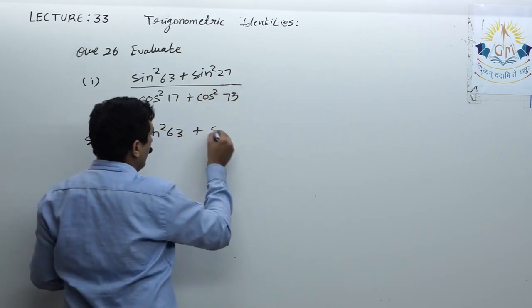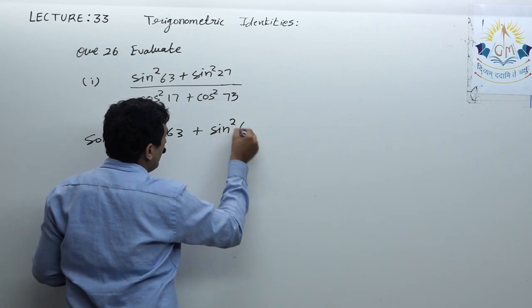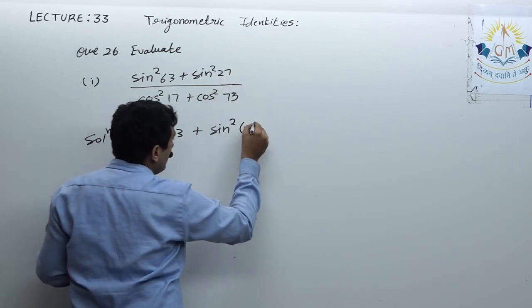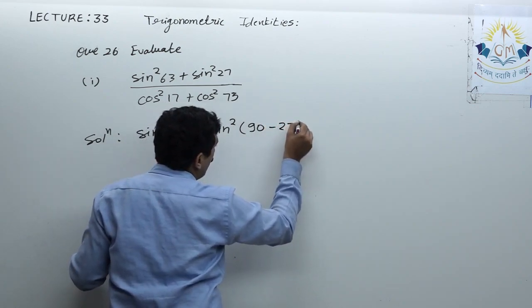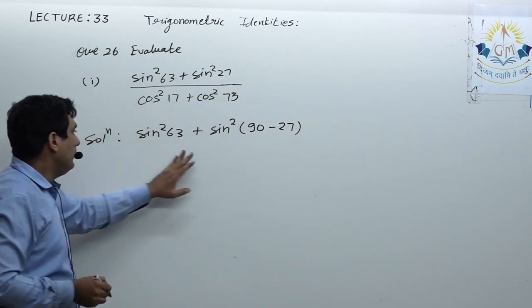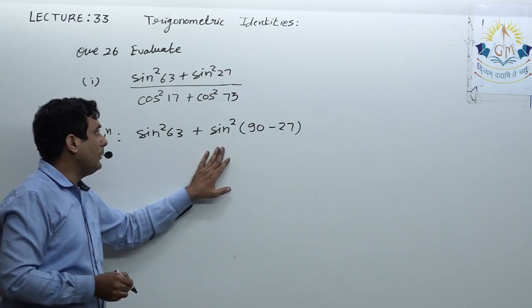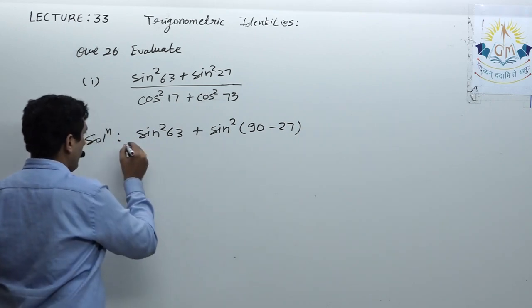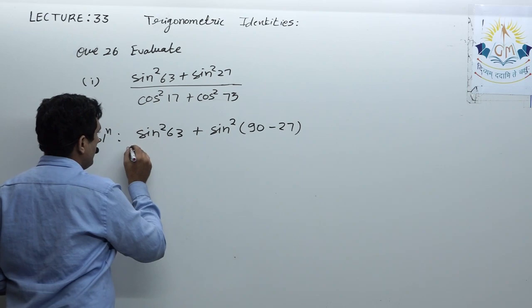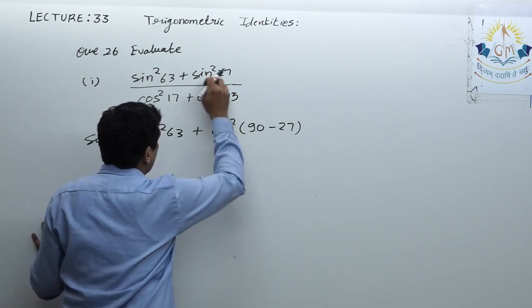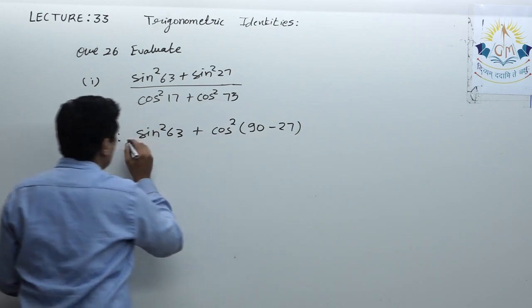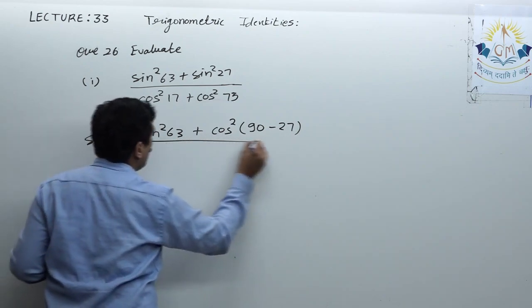So here I can write sine square, now 27 is, okay, so theta is 27, so 90 minus theta. Sorry, here I should write cos square. Okay, sine theta equal to cos 90 minus theta. So cos square 90 minus theta.